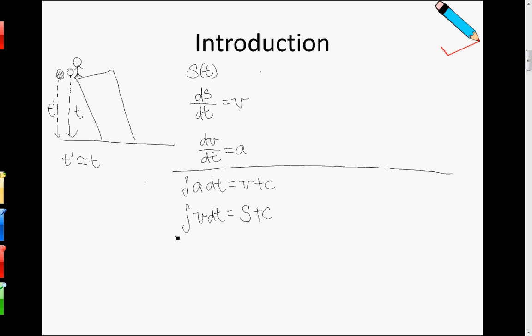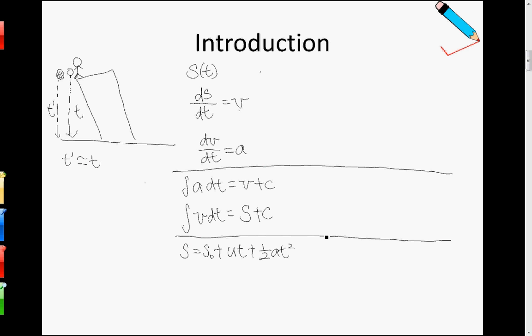Alright? So with this, in physics, we actually managed to formulate a law, which is the displacement s equals s naught plus ut plus half a t squared.